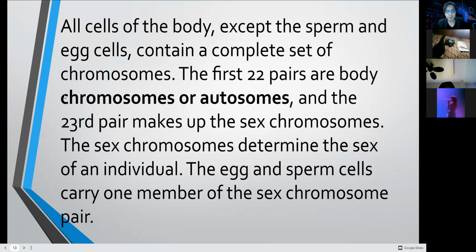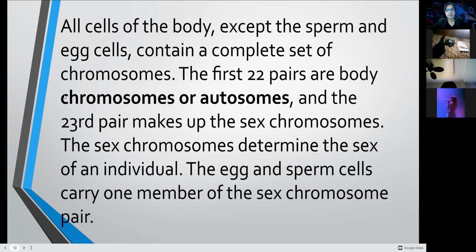These are responsible for your physical development and the different characteristics except for the gender. Again, the autosomes or body chromosomes are responsible for your physical characteristics and all of your behaviors, all of your attributes, except for, again, gender.